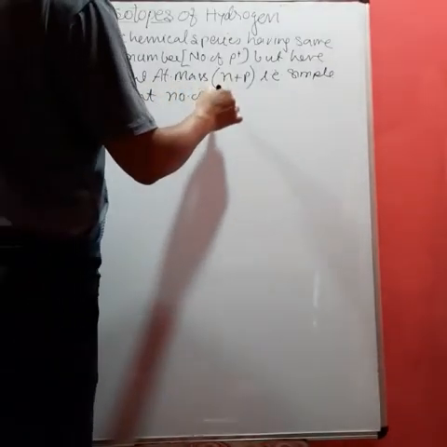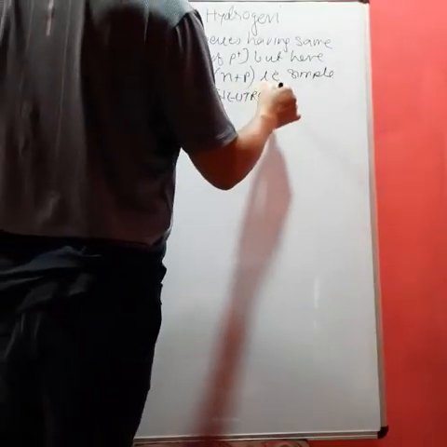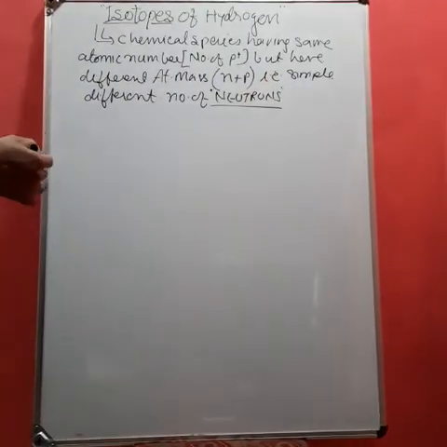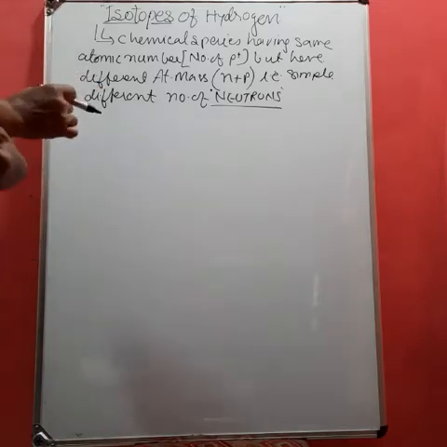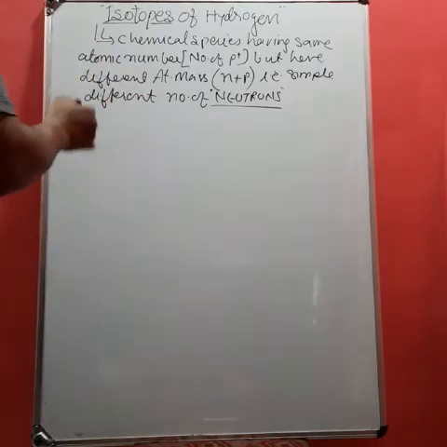These different numbers of neutrons make the isotopes, that is the same element, and its different types of atoms have different atomic masses.